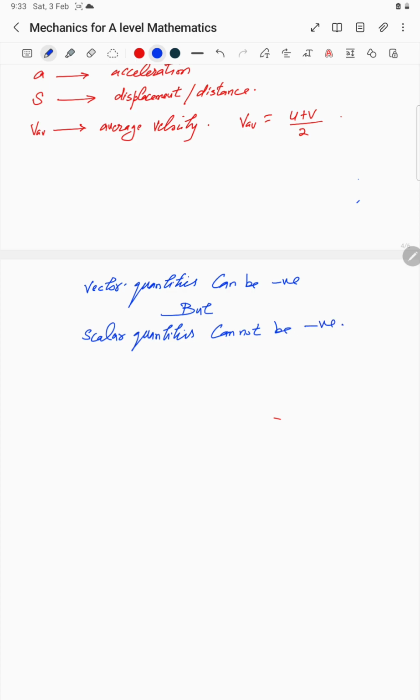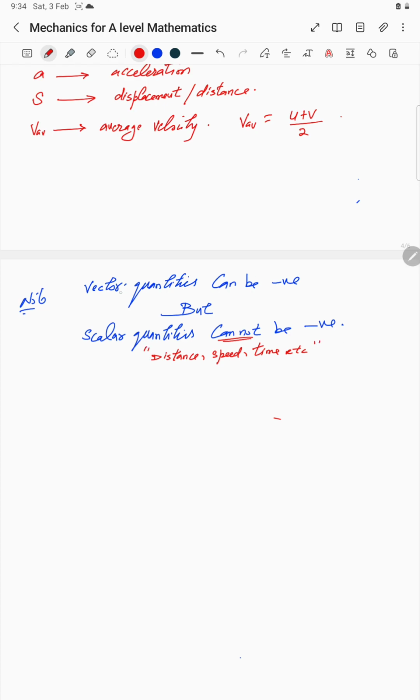A scalar quantity will always be positive. You need to keep this clear. For your better concept, scalar quantities are distance, speed, time, etc. These should always be considered positive, so they cannot be measured as negative.